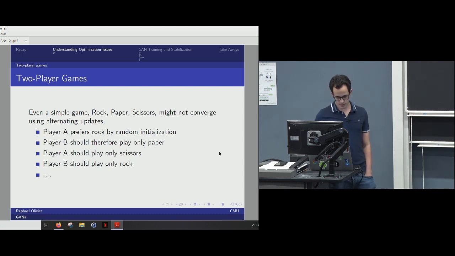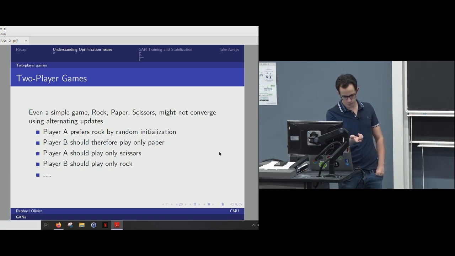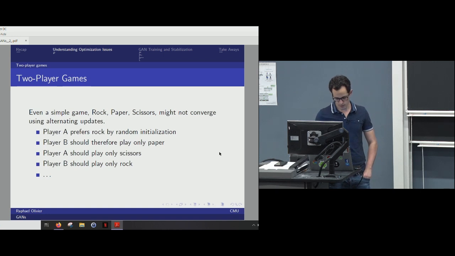Let's say by random initialization, player A is going to play rock. If you were doing updates one after the other, then B is going to learn to play paper. But when that's done, A is going to learn to play scissors, and then B is going to learn to play rock, and you're going to get caught in a loop like that.